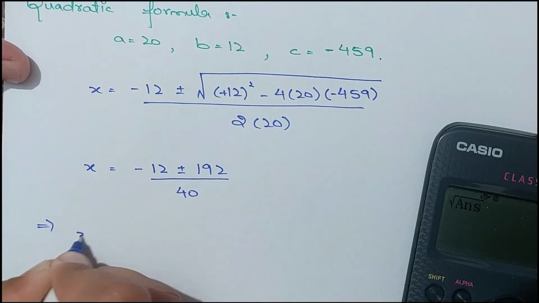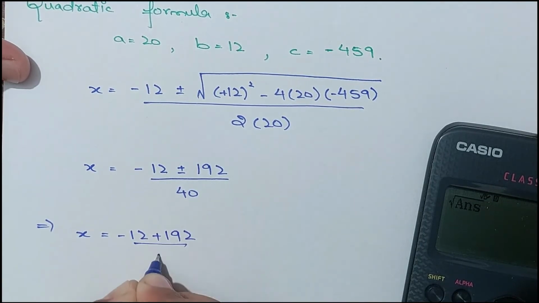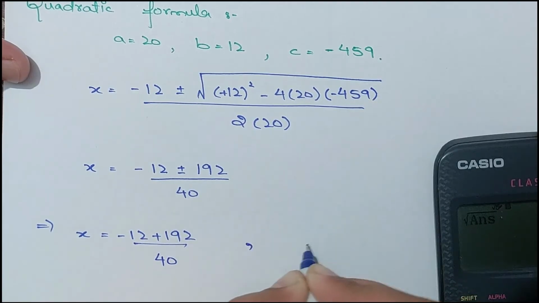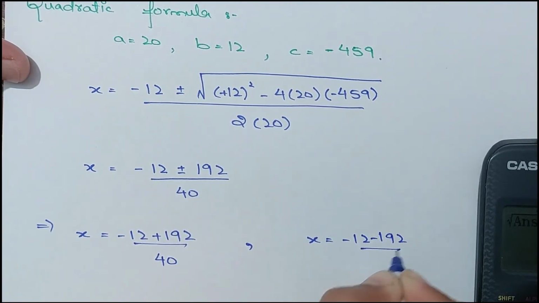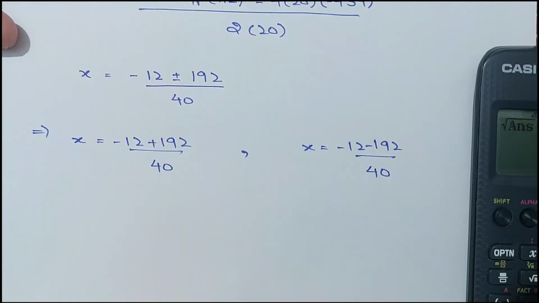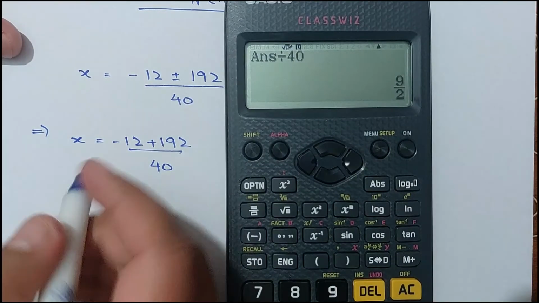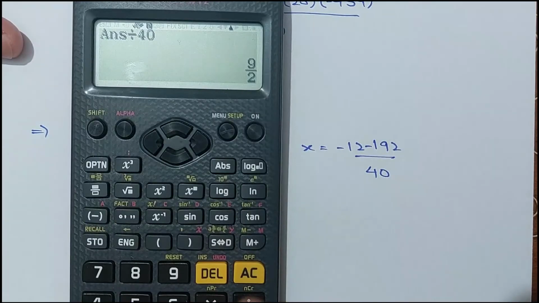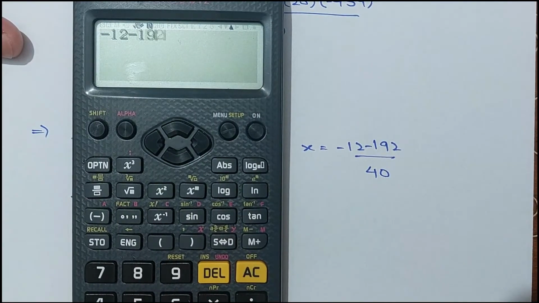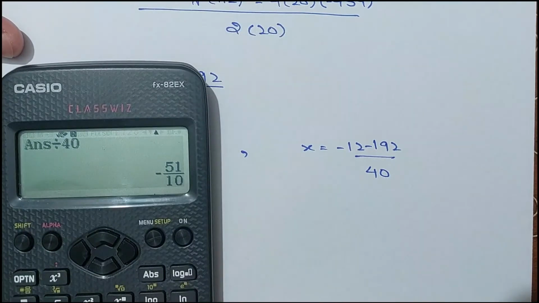So we have two solutions. x equals minus 12 plus 192 by 40, and x equals minus 12 minus 192 over 40. Okay, so minus 12 plus 192 by 40 is 9 by 2. x is 9 by 2. Minus 12 minus 192 by 40 is 51 over 10 with a negative sign.